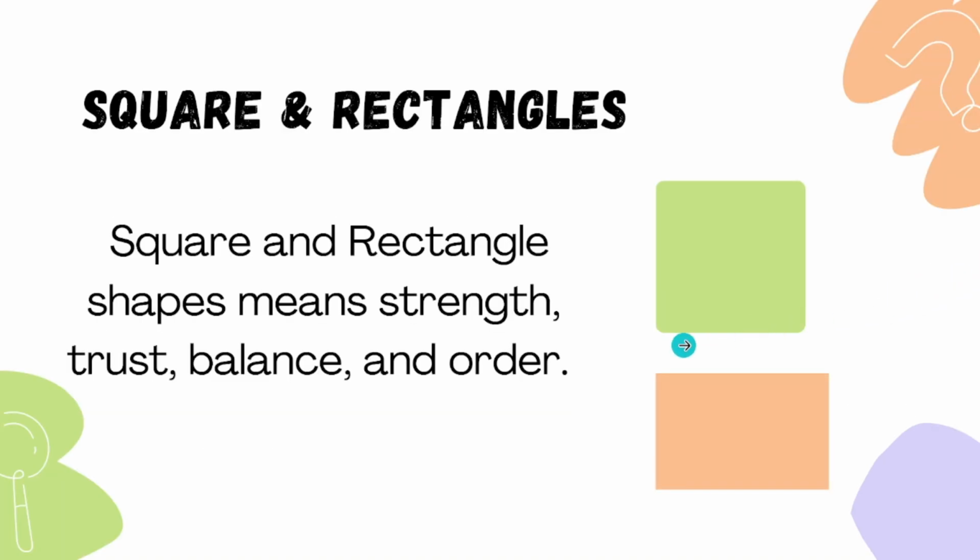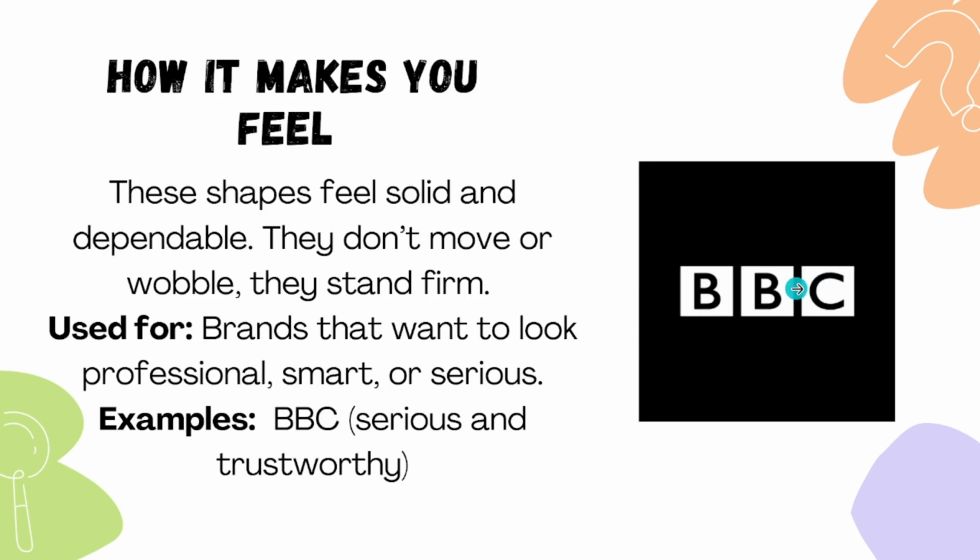The next shapes we have are the square and rectangle. Square and rectangle shapes mean strength, trust, balance, and order. How do they make us feel? These shapes feel solid and dependable. They don't move, they stand firm. Brands that use these shapes want to look professional, smart, or serious.